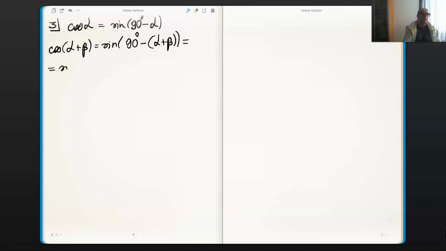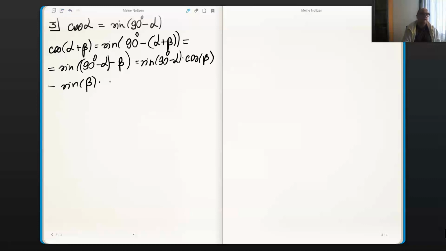And that would be the sine of 90 degrees minus alpha and minus beta. And now I can put 90 minus alpha into parentheses. How would that help me? Well, I have the sine of the first one, formula number 2 that we previously proved, times the cosine of the second one, and then minus the sine of the second one, beta, times the cosine of the first one.